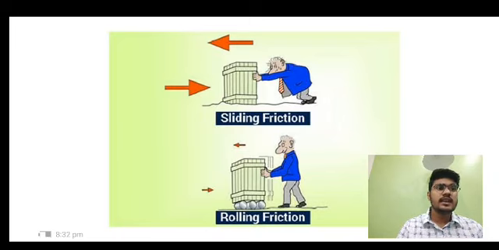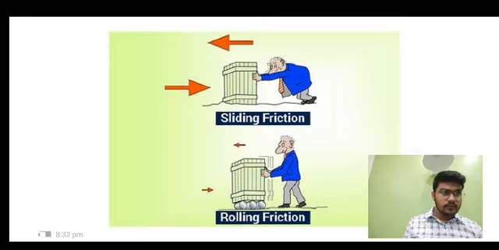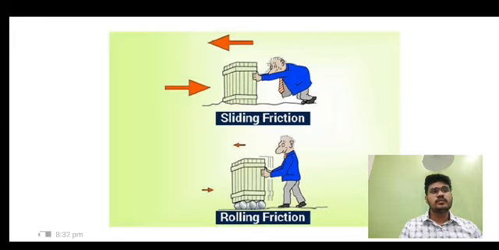You can see a tire, right? You can fix a plaster to a tire at one point, and again it comes to the top point after some time. The surface is changing continuously at the point of contact. So rolling friction is very less compared to sliding friction. That's why we can easily roll a body but we can't slide a body.